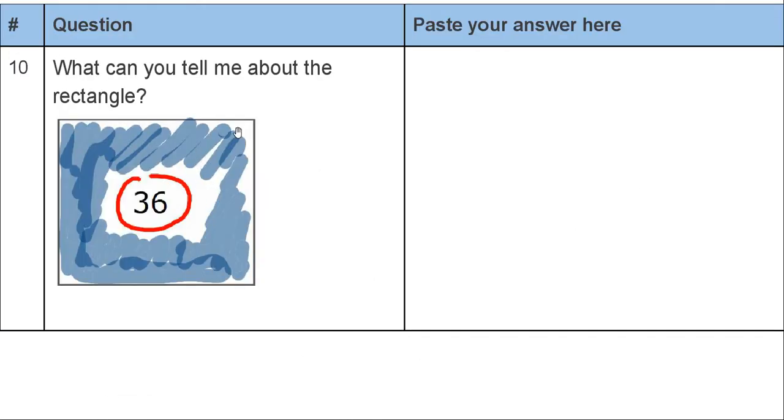Okay, moving on to this one. It says, what can you tell me about this rectangle that's 36? We have 36 units. And is there anything you can say about it? Well, it could be 9 times 4. It could even be 18 by 2.